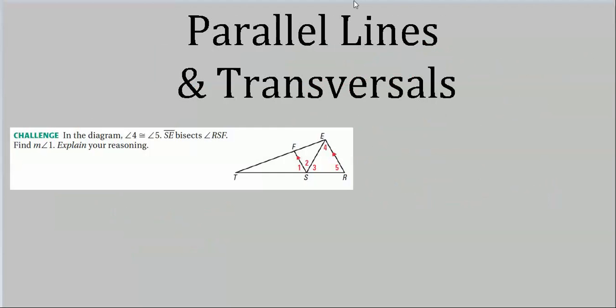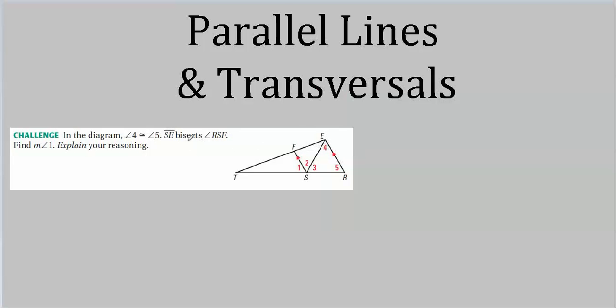Now here's one that looks a little bit confusing at first. Just have to take it one step at a time and see what we're doing here. We have that angle 4 is congruent to angle 5. That may not be the first thing we use, though.